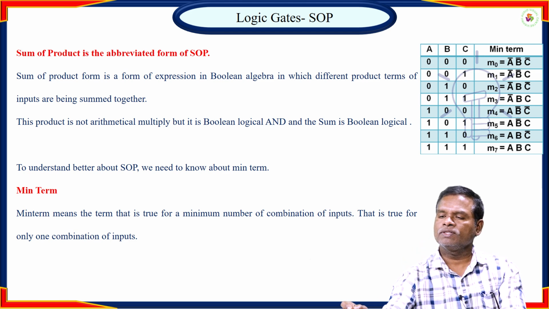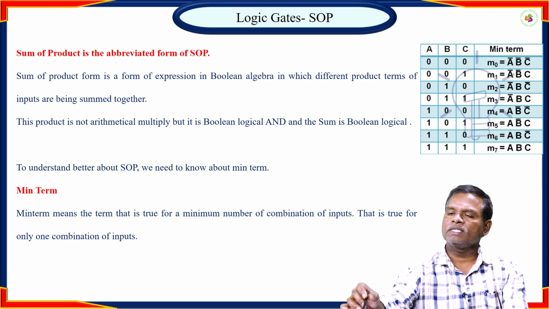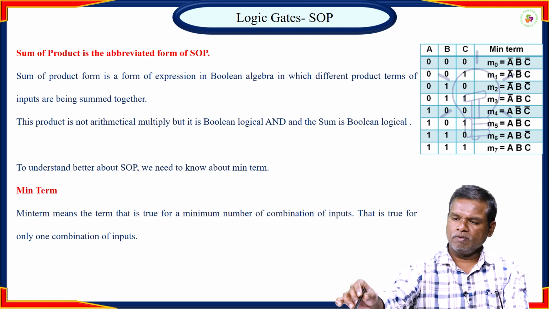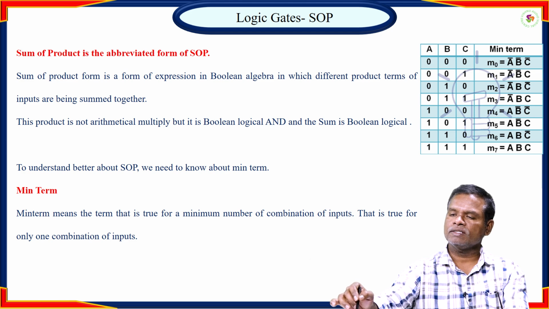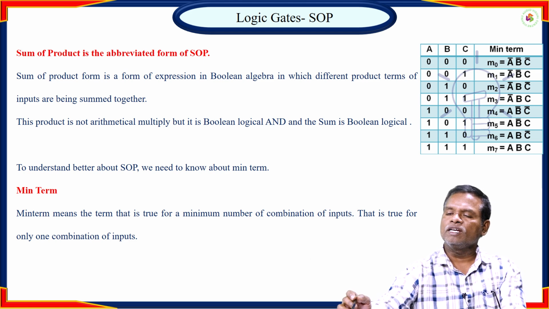If you see this table, we have 3 inputs A, B, C. That means with 3 inputs we will have 8 different combinations, from 3 zeros to 3 ones. The representation of 3 zeros, when it comes to the sum of products form, is A bar, B bar, C bar. Because the A input is 0, the B input is 0, the C input is 0.